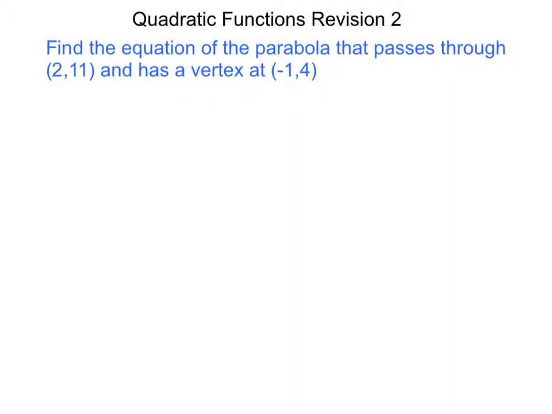For this question, we're asked to find the equation of a parabola that passes through the point (2, 11) and has a vertex at (-1, 4). Now, we need to use turning point form with this. y is equal to a, we don't know what the shape factor is going to be.